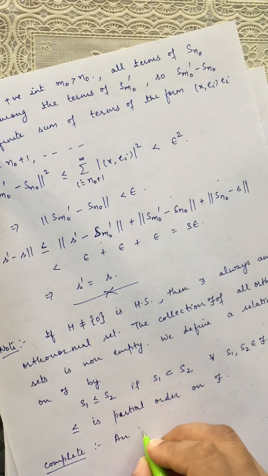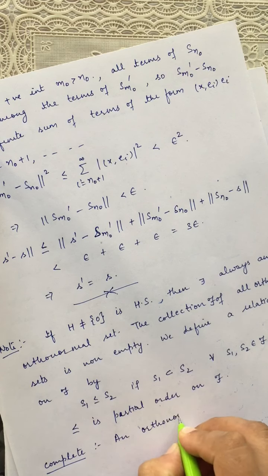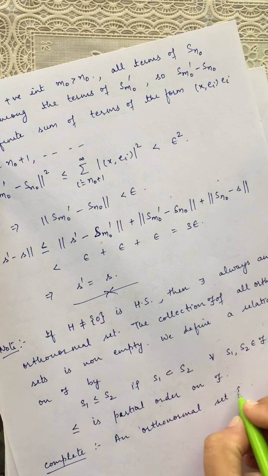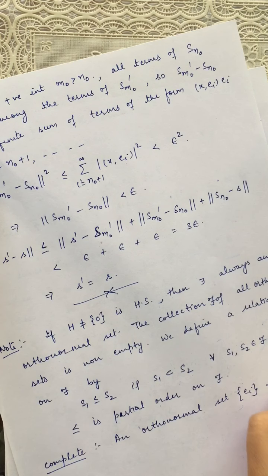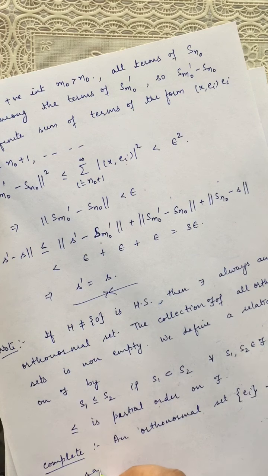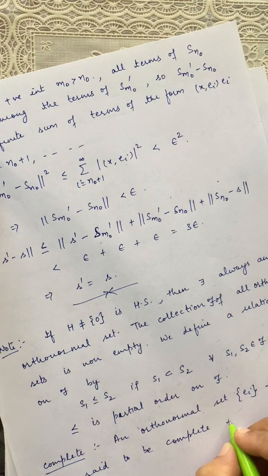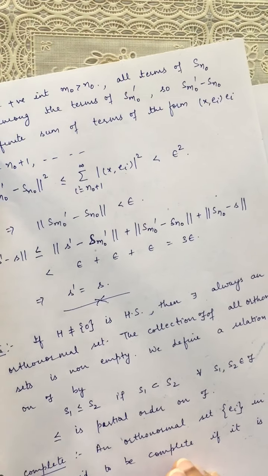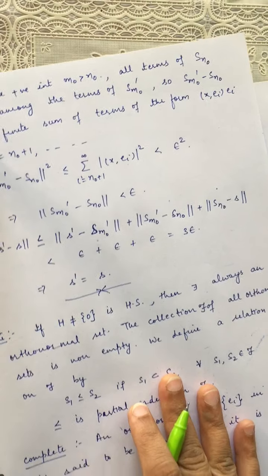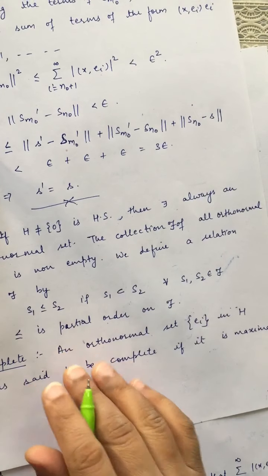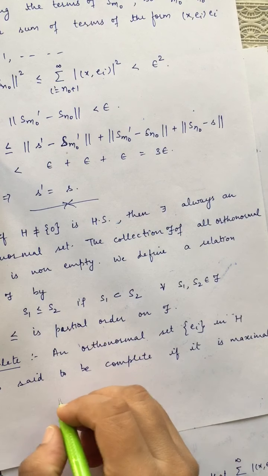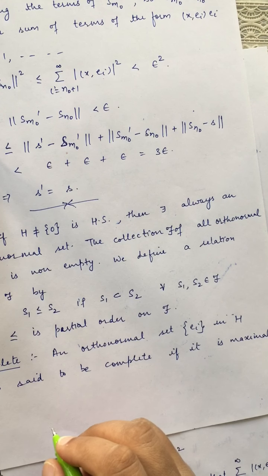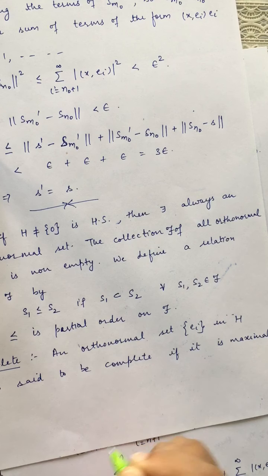An orthonormal set, let us say {e_i} in a Hilbert space H, is said to be complete if it is a maximal orthonormal set. That means no superset of this set is orthonormal.